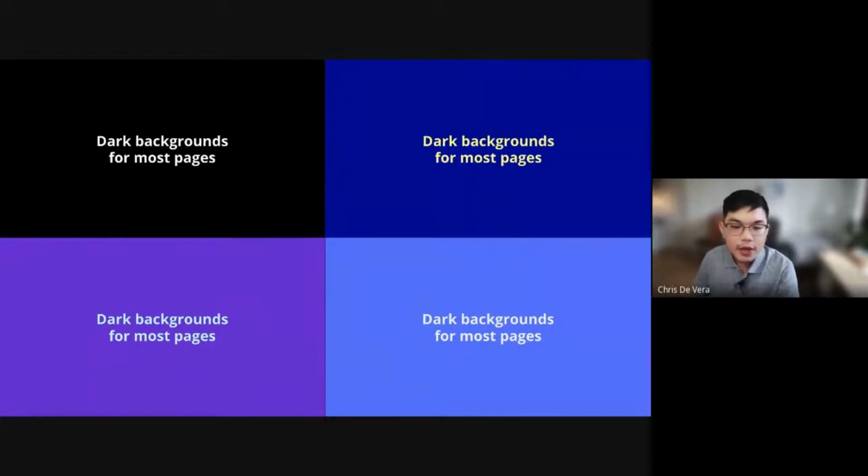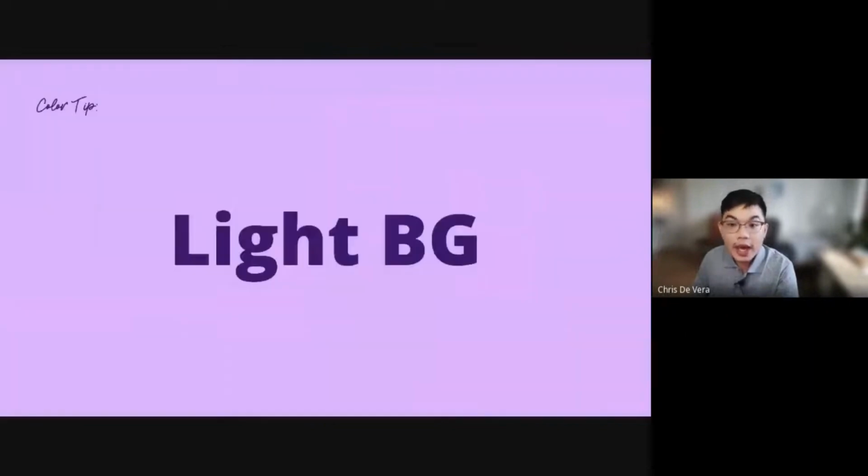And then you can still use a light background, but the way we like to use it is just to break up the presentation. So imagine you're in a classroom, you turn off the lights during the presentation so that mas kita yung slides, and then just to wake up your students before the next portion, you can use a light background. So that's a nice way to divide your presentation.